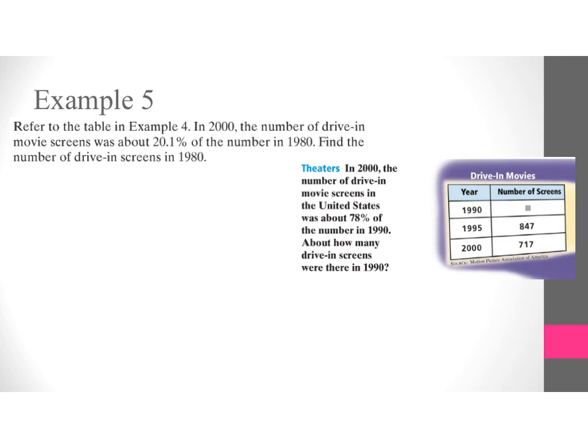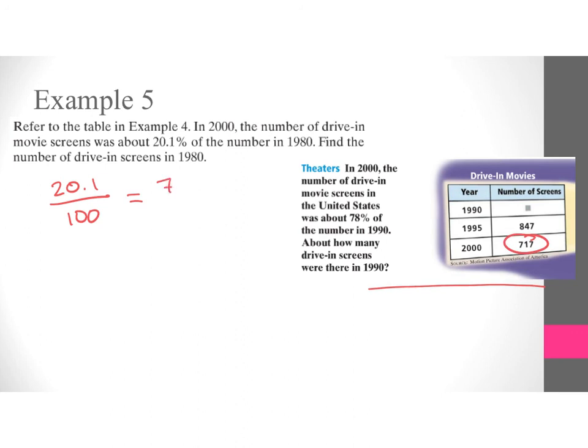Now in example 5, it says refer to the table in example 4. So we have that right here. It says in 2000, the number of drive-in movie screens was about 20.1% of the number in 1980. We want to find the number of drive-in screens in 1980. So here we have 20.1 divided by 100. And we know that in the year 2000, again, we had 717 screens.